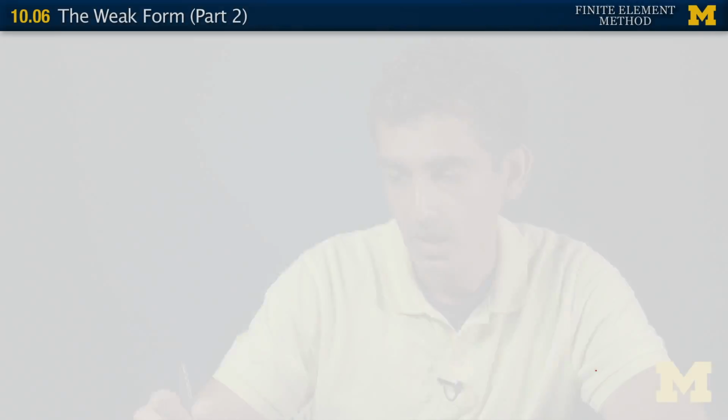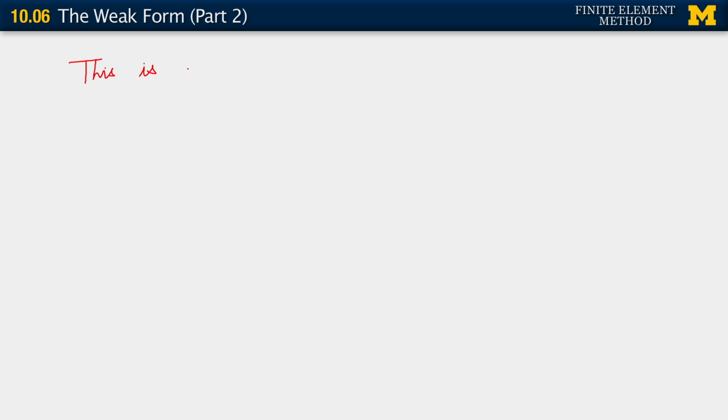But we won't be getting into that in this entry-level series of lectures. The very last thing I want to do is go from there to putting down the finite dimensional weak form. What we've just derived is the infinite dimensional weak form.